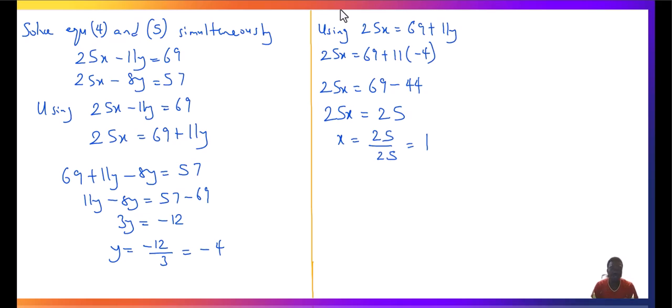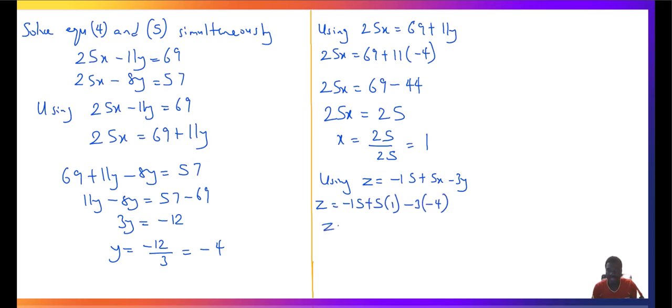At this junction, we can go ahead and get what the value of z should be. Now, at this point, using z = -15 + 5x - 3y. We already have what our x is and what our y is. So I have z = -15 + 5(1) - 3(-4).